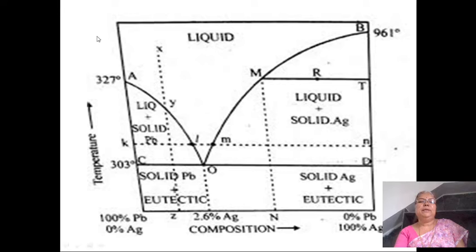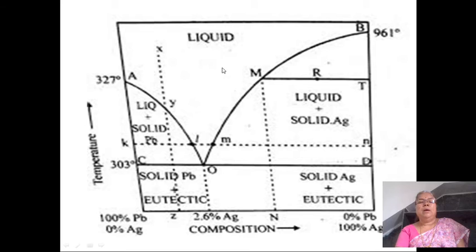The region here above the points A, O, B, we have a single phase. That is the molten mass of lead and silver.